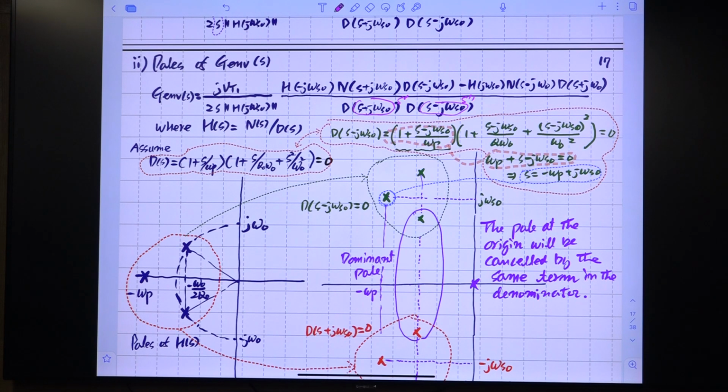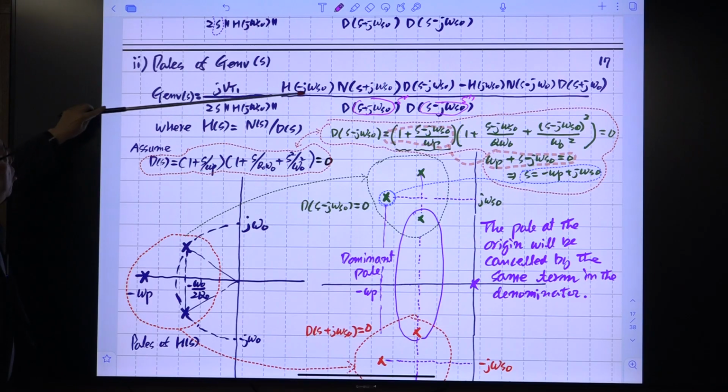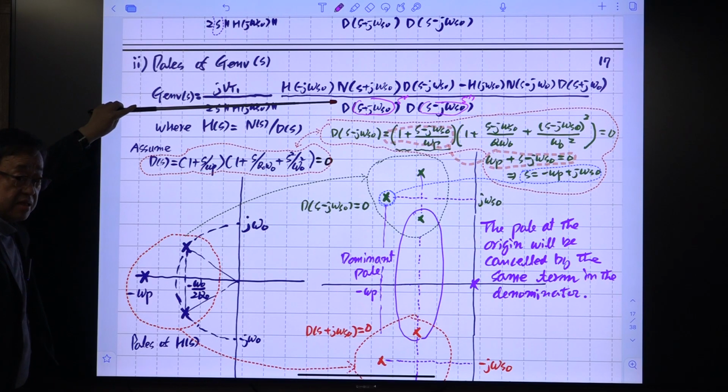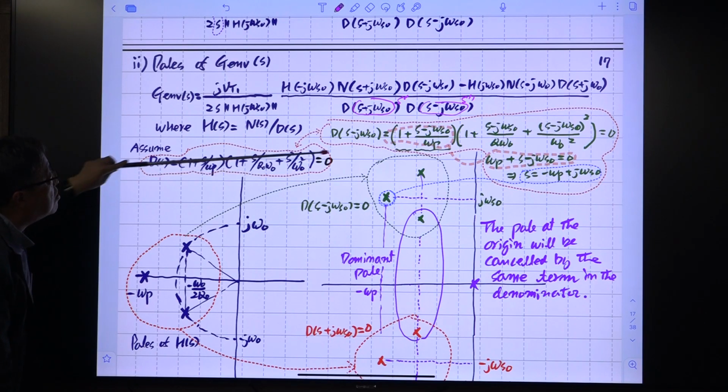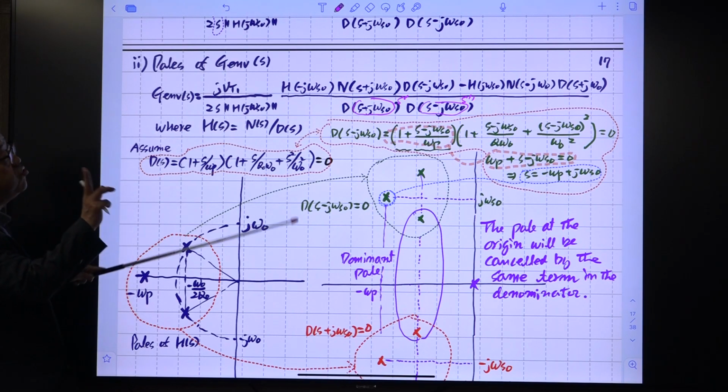We use the same S. So this is the original equation for the denominator, and this is the equation of the denominator of G envelope S. It has the same form here, but we have two terms.